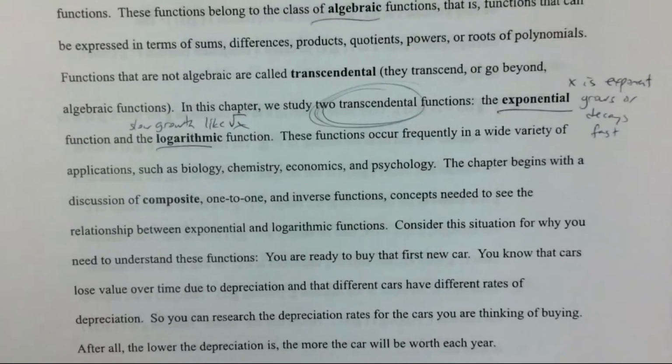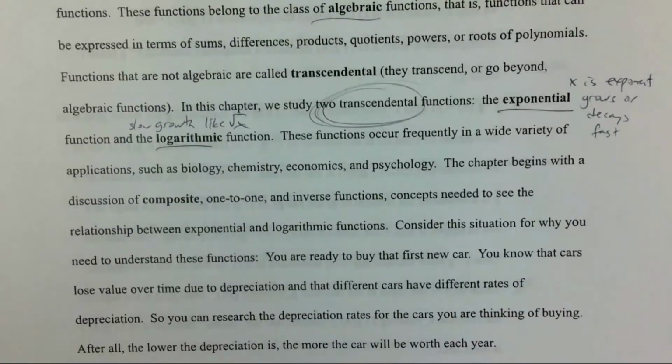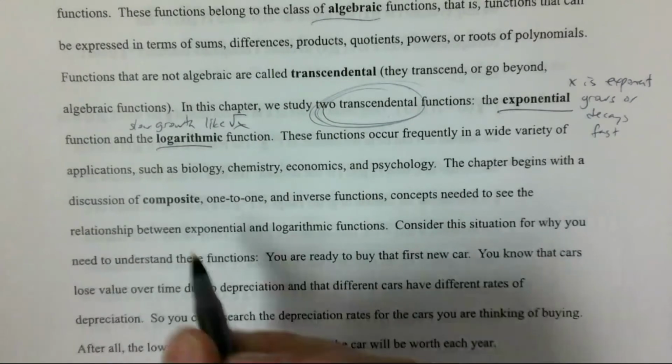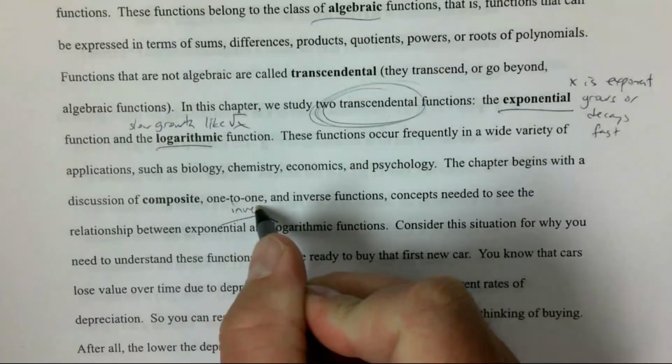Those functions do occur frequently in a wide variety of applications, such as biology, chemistry, economics, and psychology. The chapter begins pretty basic with composite, one-to-one, and inverse functions, because that is the relationship between these two, which are inverses.